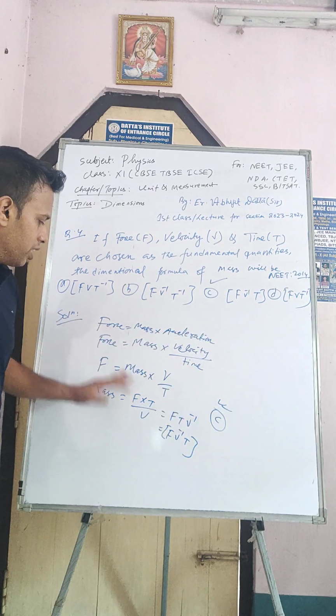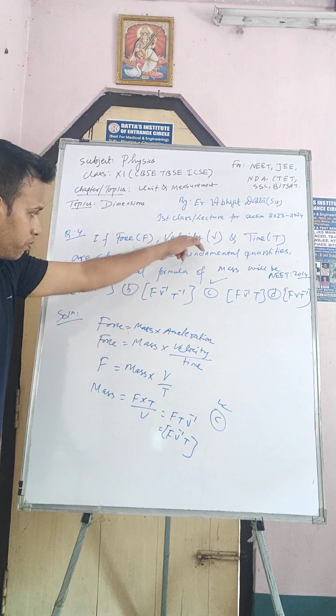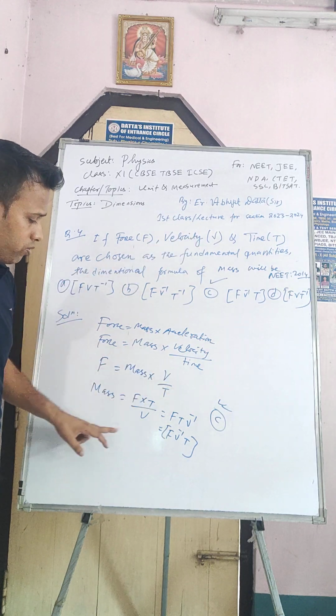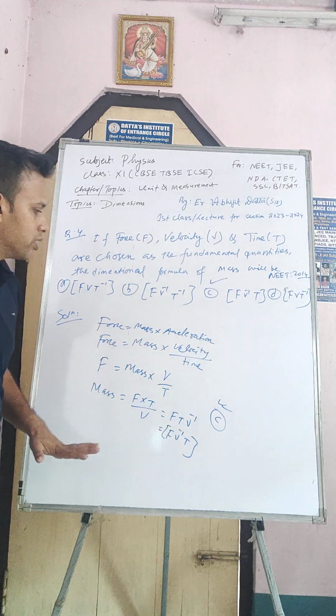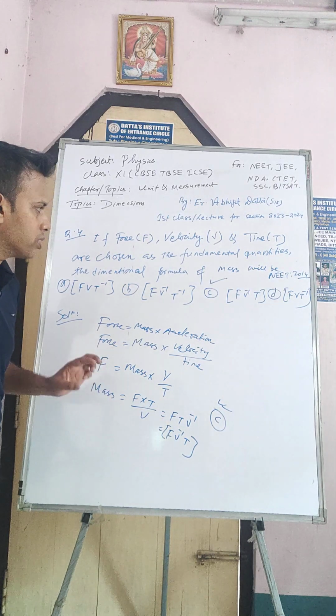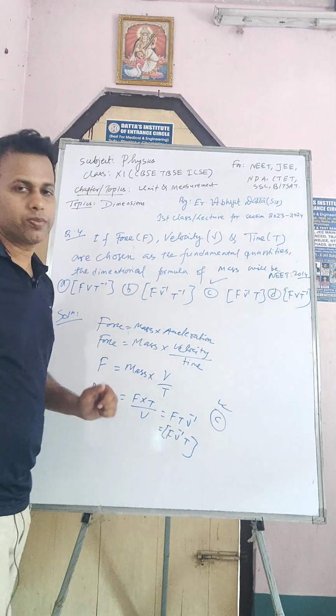From that the dimension of mass is F V minus 1 into T. So option C is correct here. Okay, so move on to the next question.